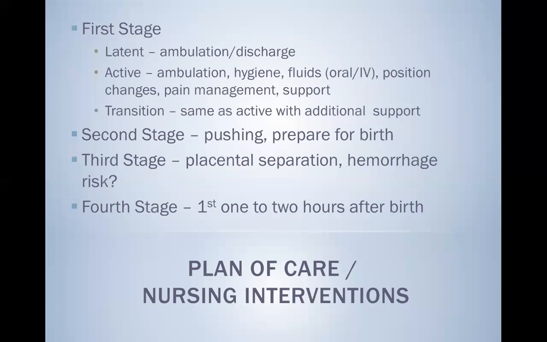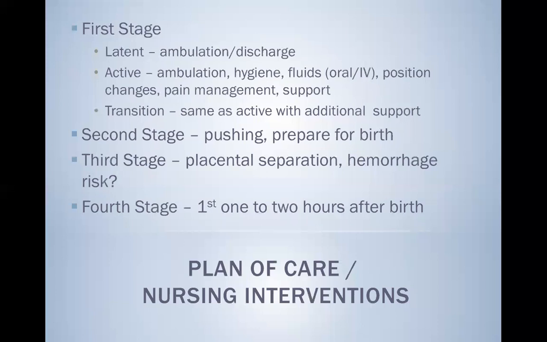The third stage is after the baby's been born and before the placenta. So we're waiting for the placental separation. We're working in conjunction with our provider to provide the medication to mom that mom might need to help with the placental separation and help with the involution of the uterus. We're going to assess whether she has a hemorrhage risk.